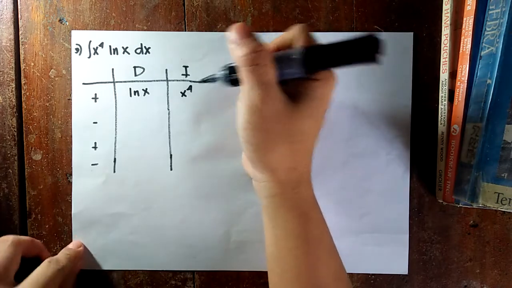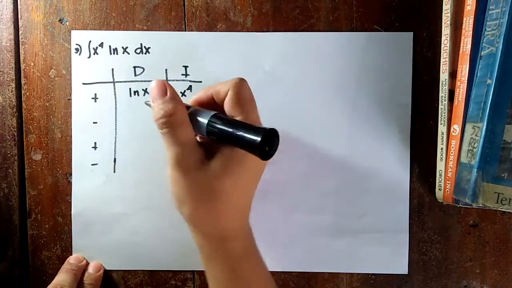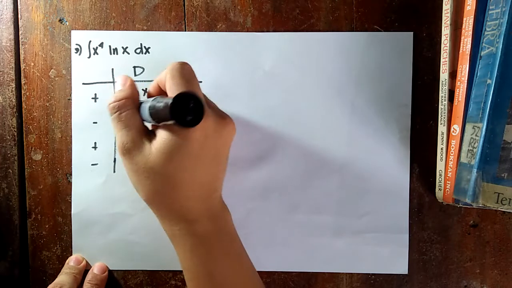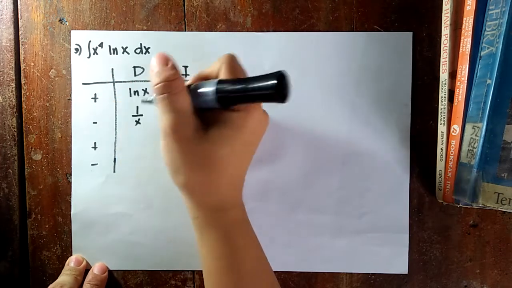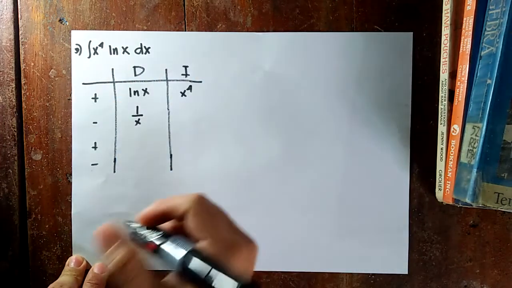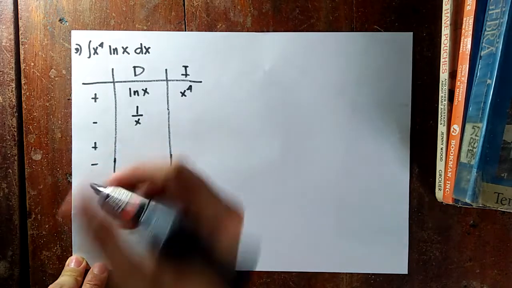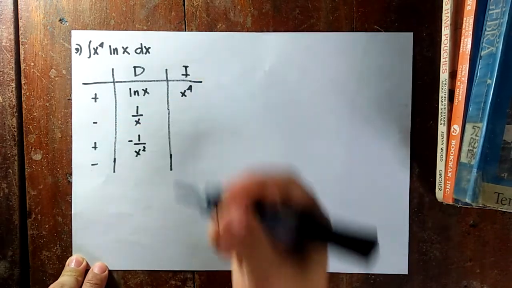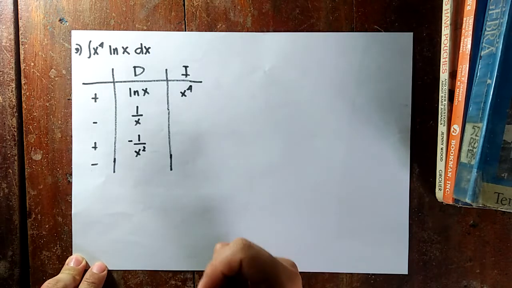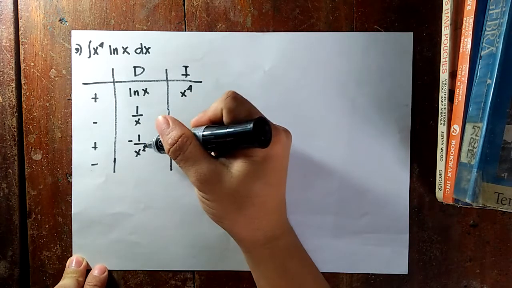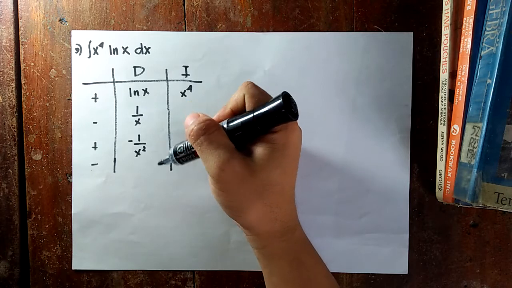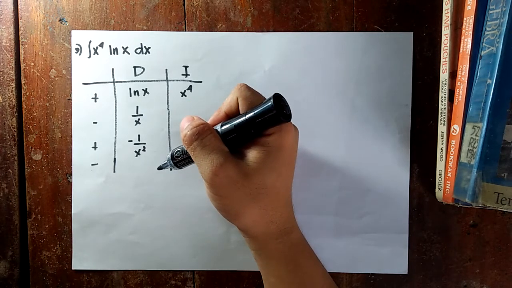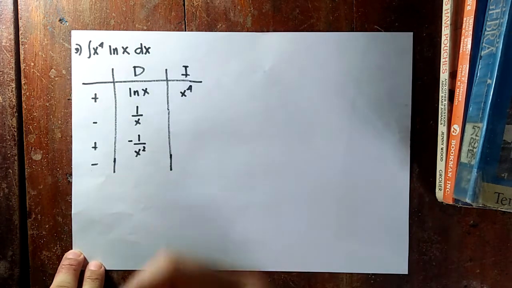The derivative of ln of x is 1 over x. If we derive it again, it will be negative 1 all over x squared. So now we have come to realize that this is nowhere going to 0, but going to be smaller and smaller.